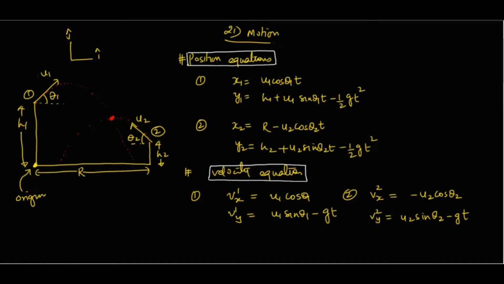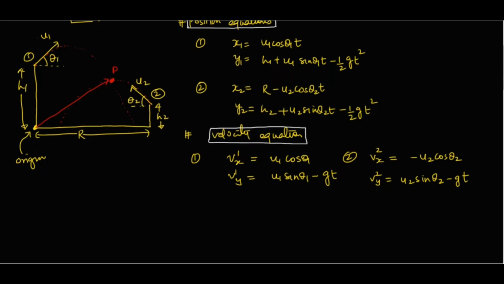The only thing that you have to keep in mind is that when particle 1 is going to meet particle 2, their position vectors are going to be the same. Suppose this particle is here, this point is point P, so the position vector for particle 1 is also P, and the position vector for particle 2 is also P. Let's call it RP.